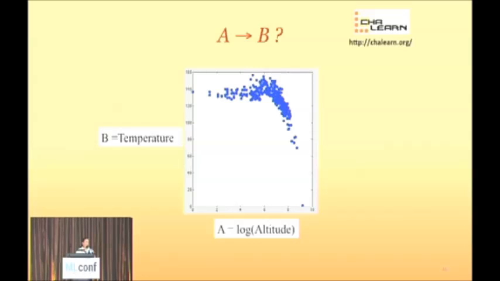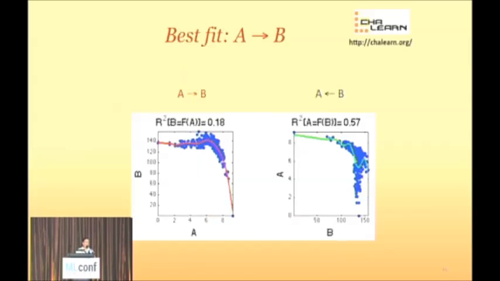And in order to figure that out, we can do a fit. We can fit A as a function of B or B as a function of A, and we can look at which fit is best in terms of the R-square, for example. In that case, it's a lot easier to fit B as a function of A than A as a function of B. As a matter of fact, it looks like there is a little bit of convexity that is hard to capture as a function.